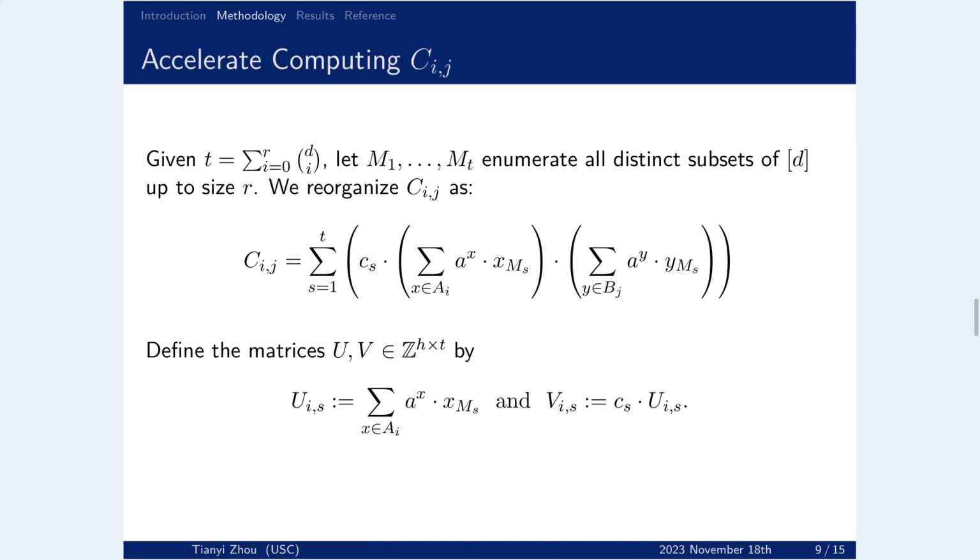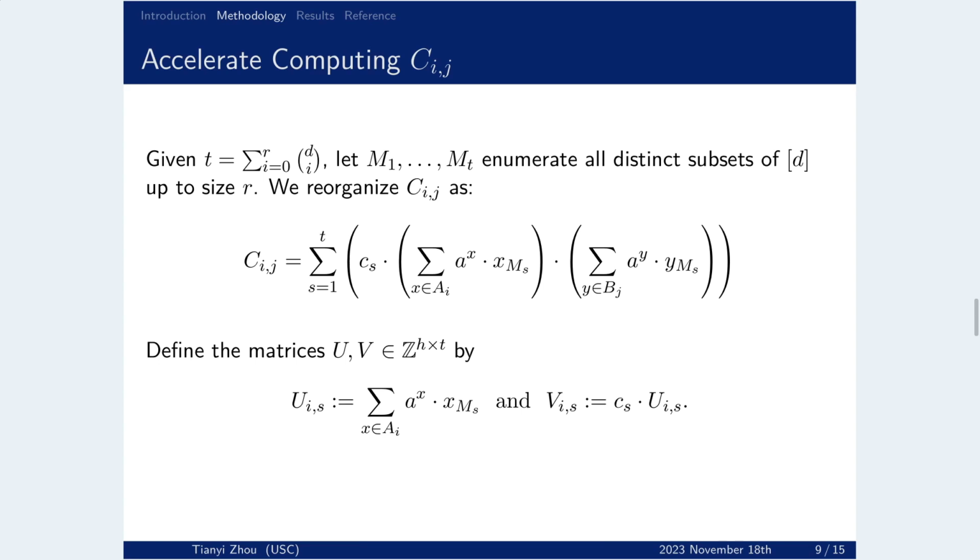So then we define the matrices U and V by these two functions here. We can see that the matrix product of U and V is exactly the matrix of the value C that we desire to compute.